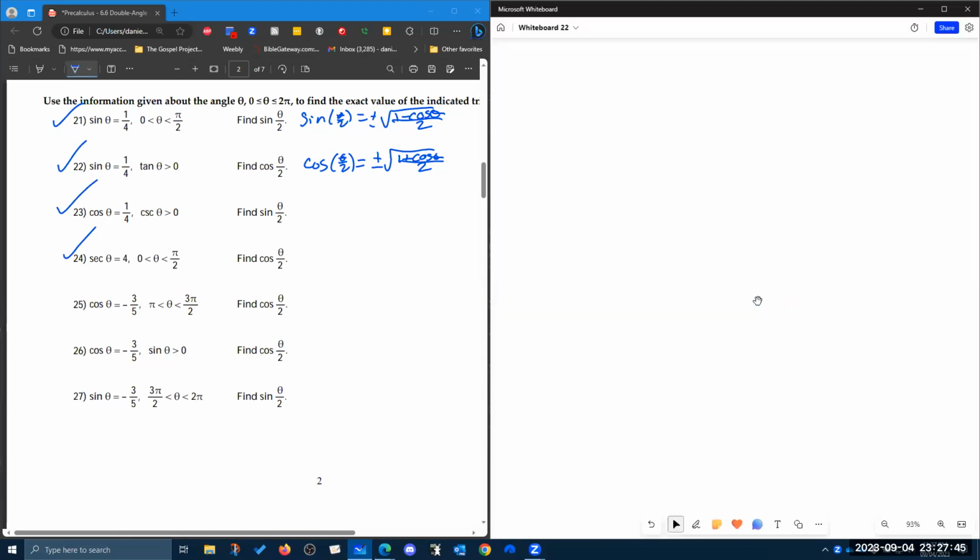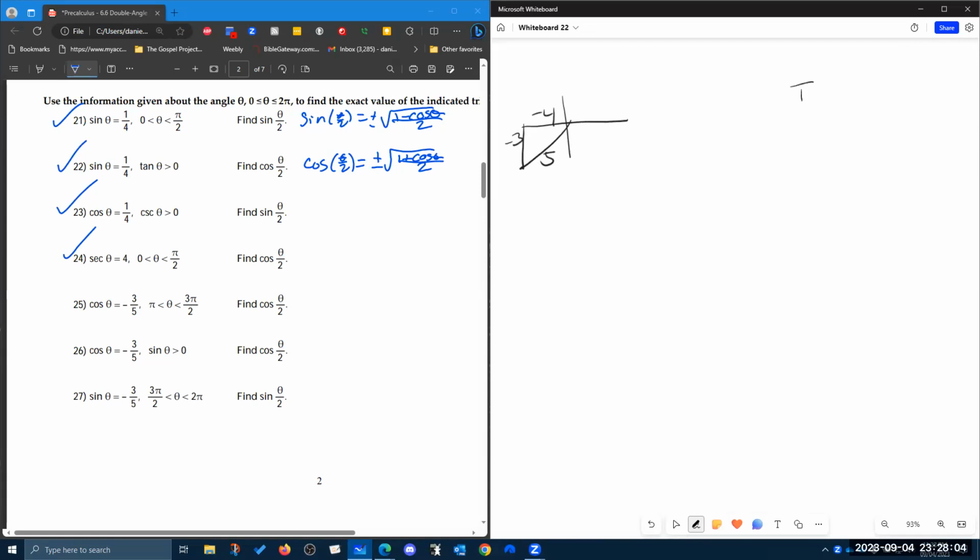Let's clear the canvas. We got a different triangle now that's going to be in quadrant 3 for our theta. -3, 5, -4.